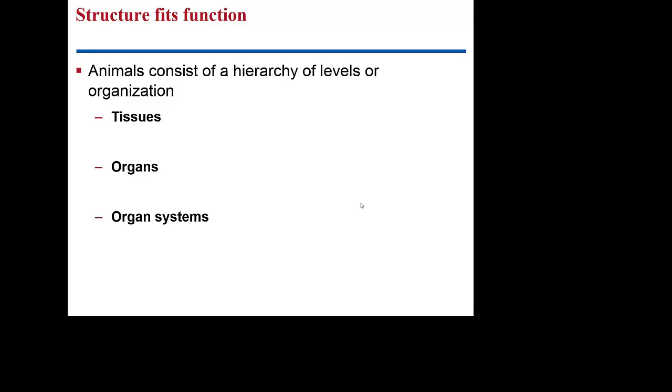So remember, when we talk about tissues, this is a group of cells with a similar function. So we're going to look at tissues when we talk through skin and muscle and fat and all of these kinds of things.